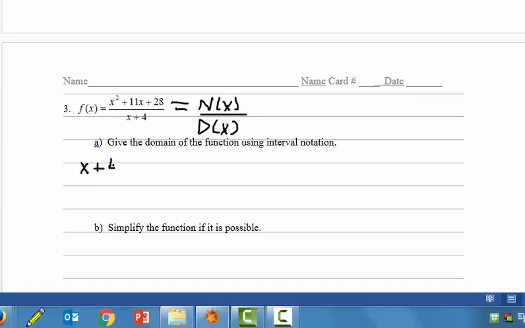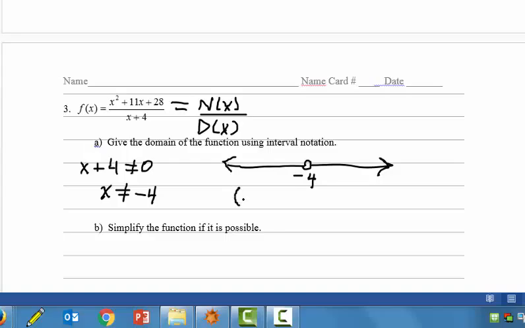So my denominator, x plus 4, cannot be 0. That means x cannot be negative 4. So when I think about the number line, I'm only excluding one number, and that's negative 4. All other real numbers will make this function defined.